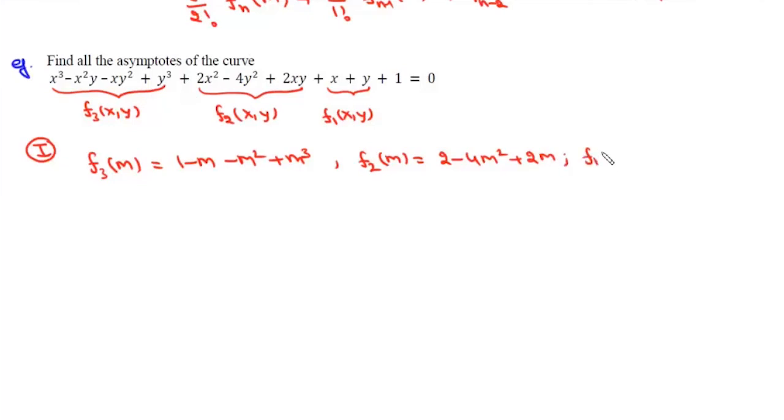And here f1 of m will be simply 1 plus m. So all we need to do is put x as 1 and y as m and then write f3 of m, f2 of m and f1 of m.